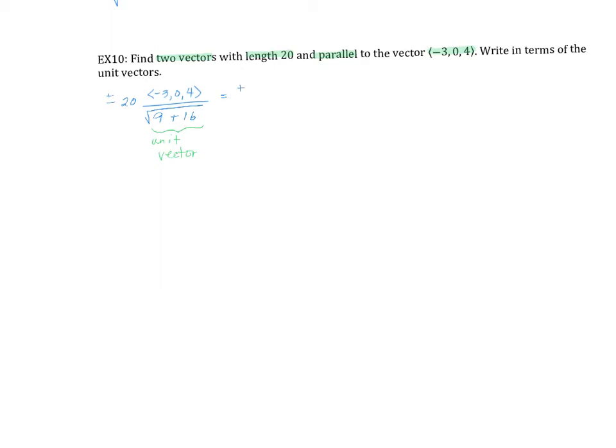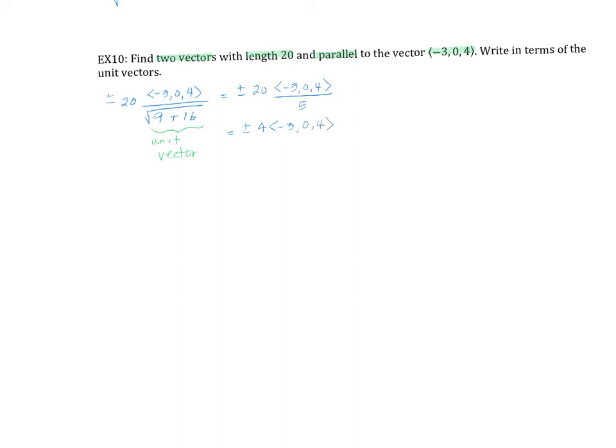So this is going to be plus minus 20. The vector is -3, 0, 4, and we're going to divide it by the square root of 25, which is 5. So I can write this as plus or minus 4 times my vector.